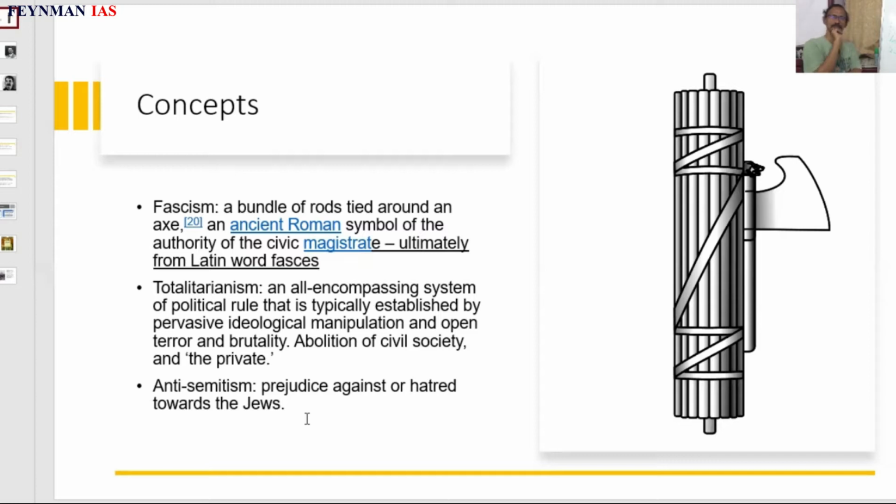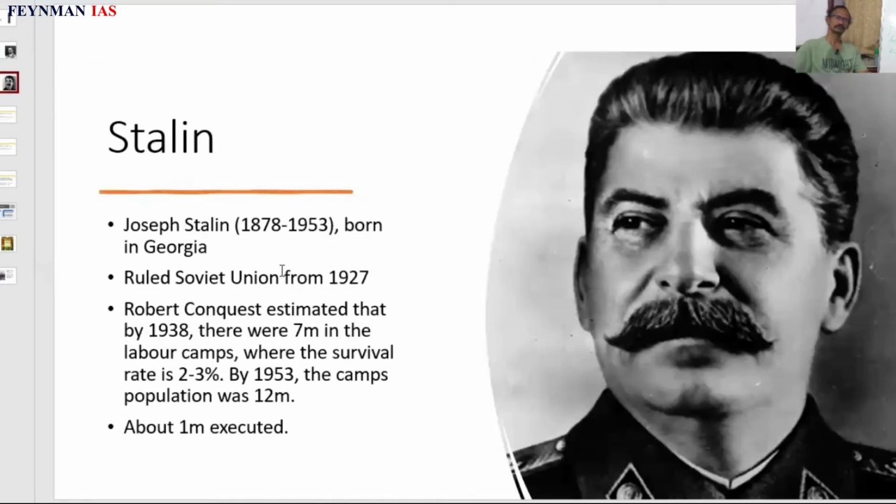But Stalin's Russia had nothing to do with anti-Semitism. It was supposed to realize communism. Stalin, 1878 to 1953, was born in Georgia. He ruled the Soviet Union from 1927.